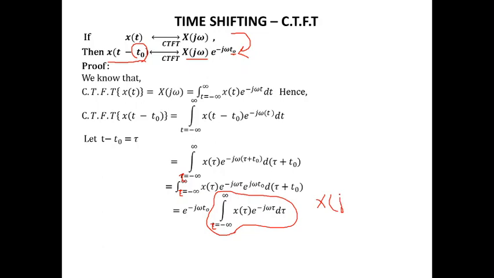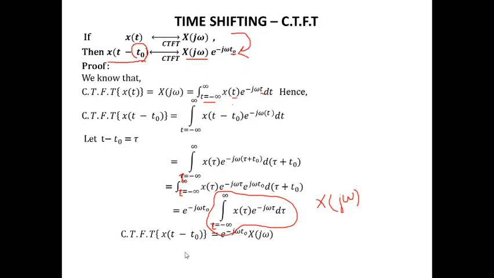The only thing is there the variable of integration was t, here the integration is just tau. So this equation can be written as e power minus j omega t naught multiplied by x of j omega, and hence the property is proved.